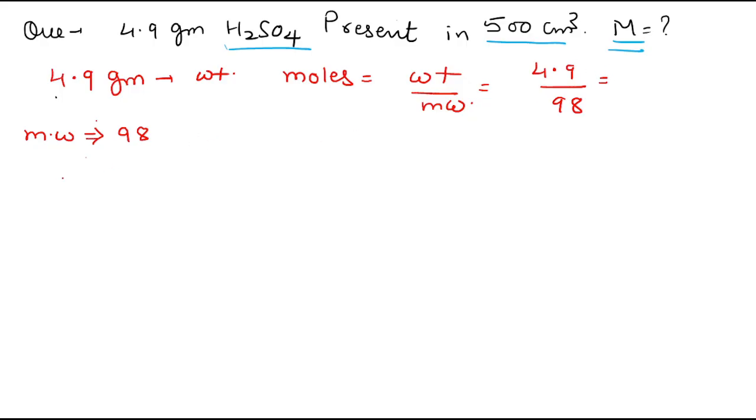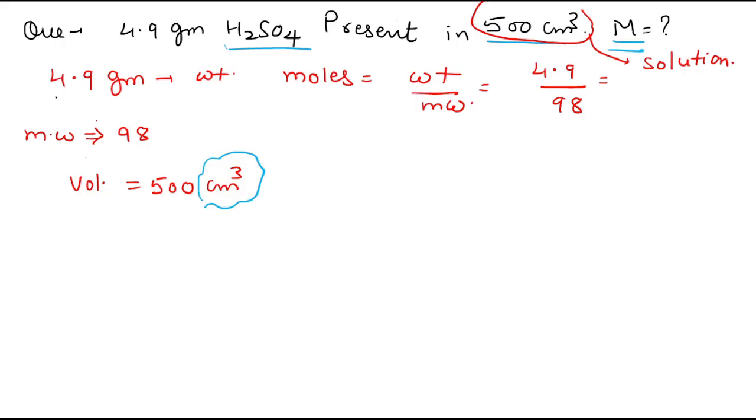First, we will see what will happen about the volume. Here, the volume of the solution is 500 centimeter cube. The full question is that 4.9 gram H2SO4 is present in 500 centimeter cube solution. The main doubt is concerning the centimeter cube.